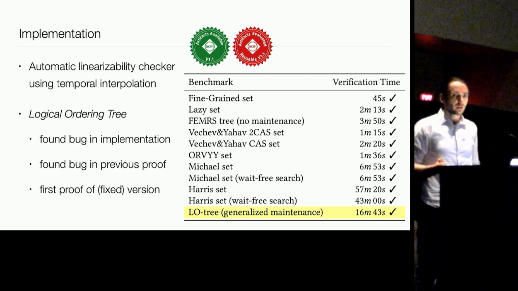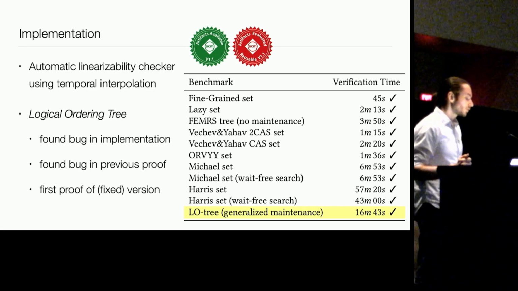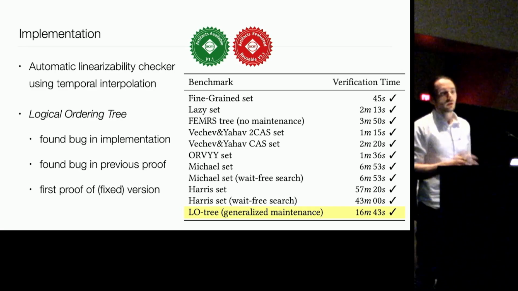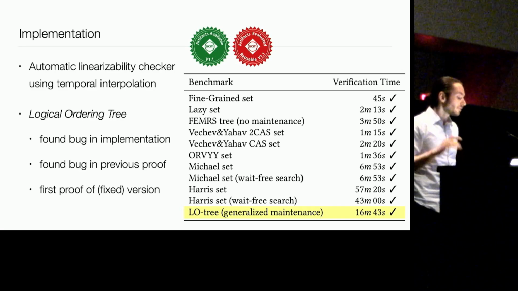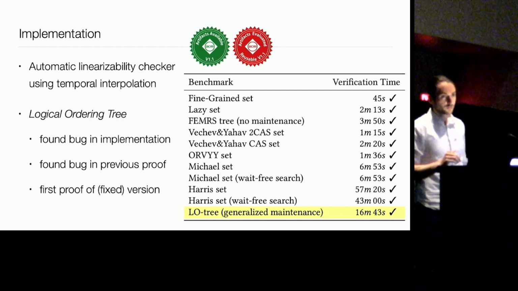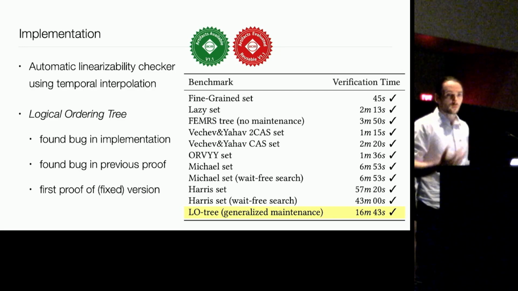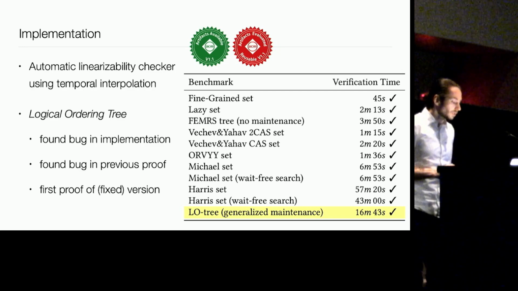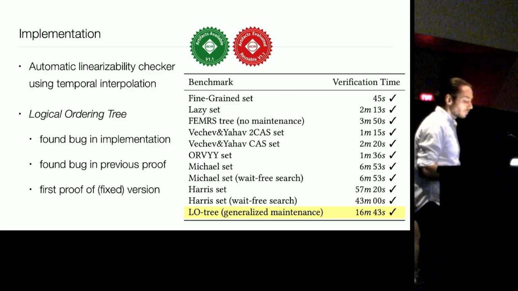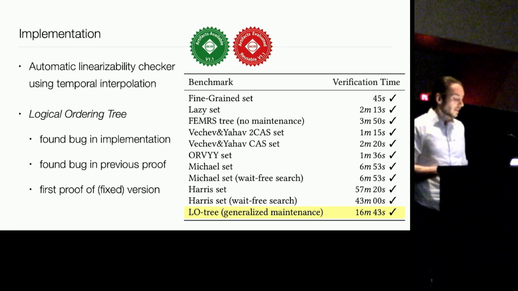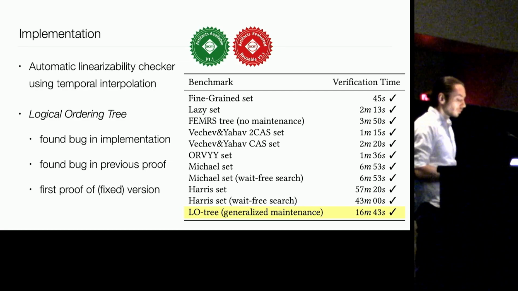It's a fairly complicated concurrent set implementation that uses a doubly linked list and a tree superimposed onto it to speed up lookups. And what we found while we tried to verify this implementation is that the original implementation contained a bug that hasn't been reported yet.